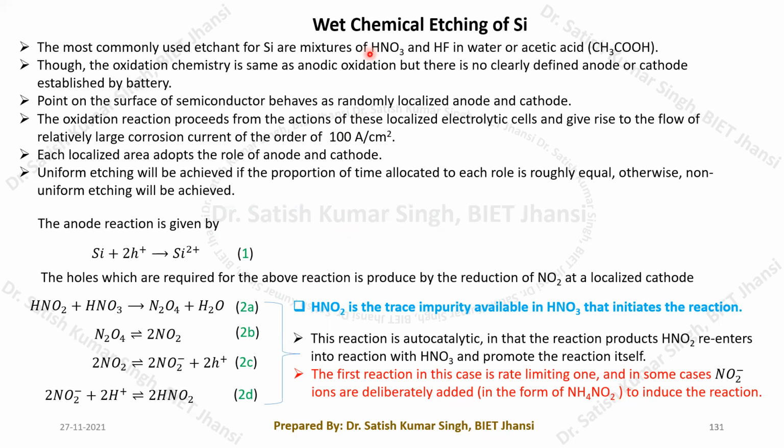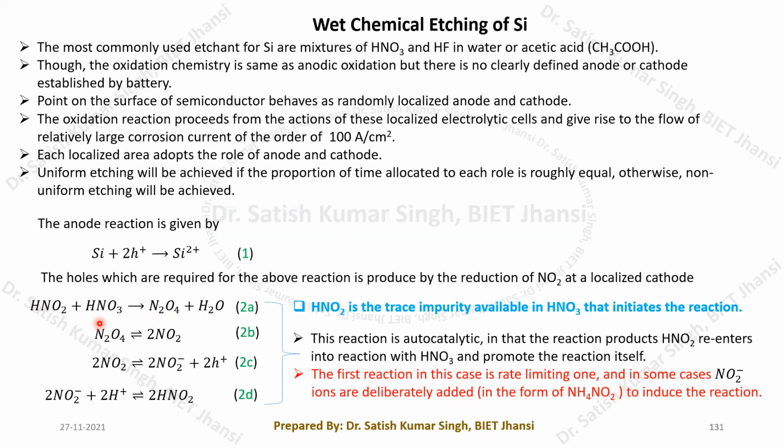Because of the trace impurity available with the HNO3, there will be a chemical reaction between this HNO2 and HNO3, and this reaction is going to give a byproduct. This byproduct will form N2O4 and water.